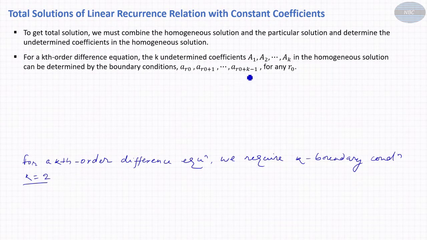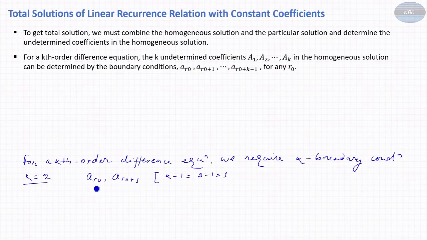Here the last boundary condition is a_(r0+k-1), that is a_(r0+1), because k is equal to 2, minus 1 is equal to 1. So we have to go up to a_r0, a_(r0+1).